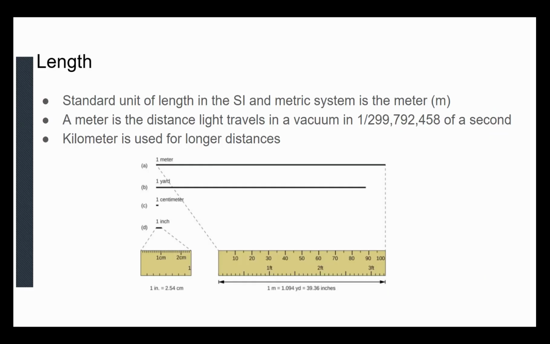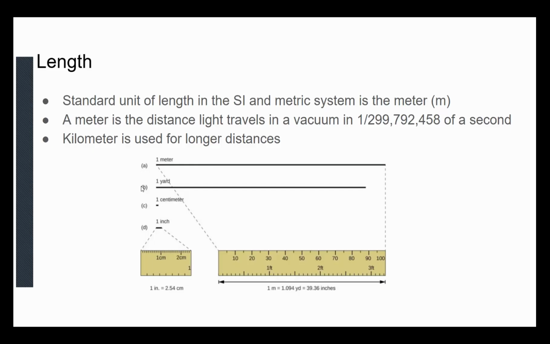Now, a standard unit of length in the SI and metric system is the meter, as I talked about on the previous slide. A meter is actually the distance light travels in a vacuum in 1/299,792,458 of a second, which is quite a large distance in 1 second if you add all those pieces up.